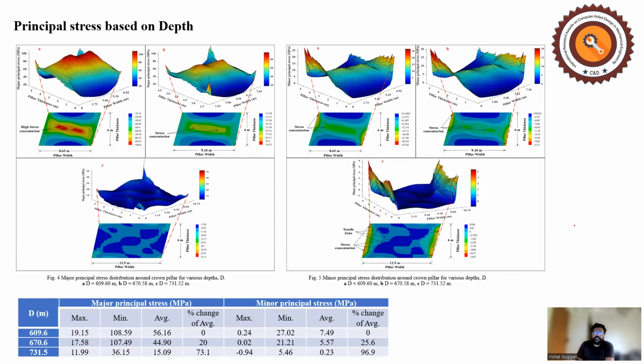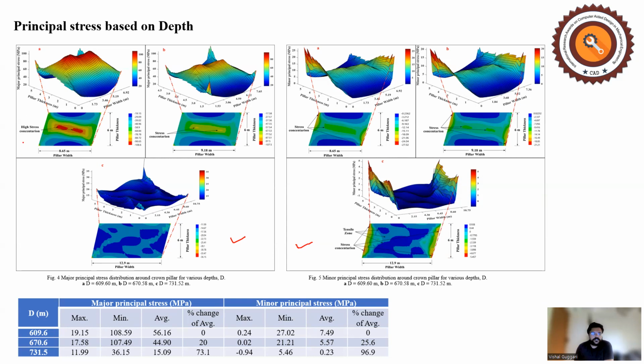Now coming to the parametric analysis, that is, principal stresses based on depth. This figure shows the major principal stress distribution, and this figure shows the minor stress distribution. The depth has been varied, and at each depth the crown pillar has been analyzed for the principal stress distribution.